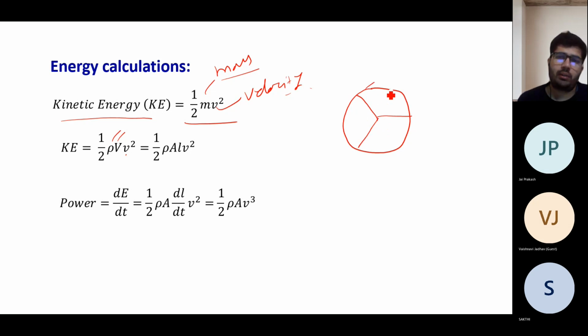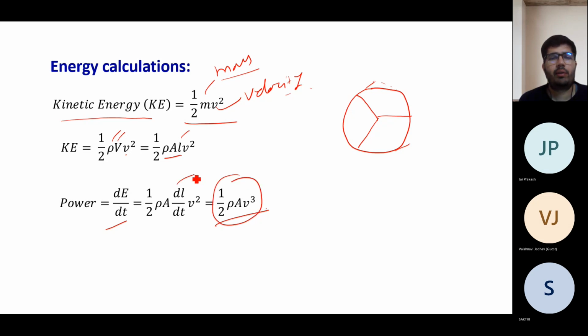Suppose there is a small thickness, a small part of the area considered for generation, that is L. So the mass will be rho A L, and the energy is half rho A L v squared. The power is the differentiation with respect to time, so d by dt gives half rho A dL/dt v squared. You can say half rho A v cubed.